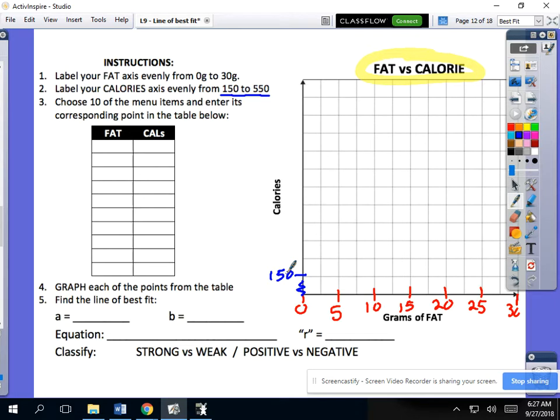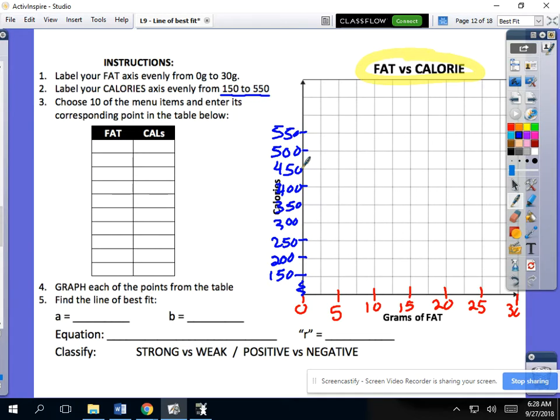So I'm thinking that we're going to have to go up by at least 50. So that would be 200, 250, 300, 350, 400, 450, 500, and 550.